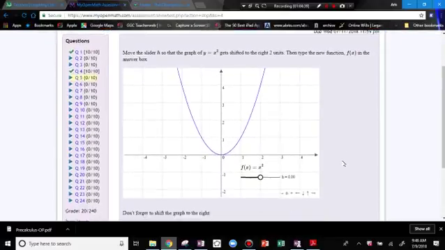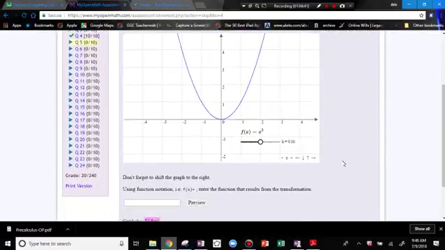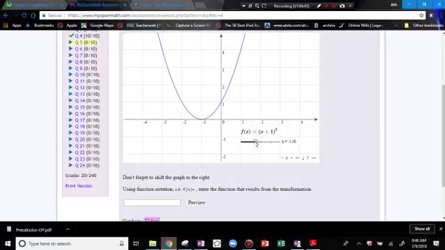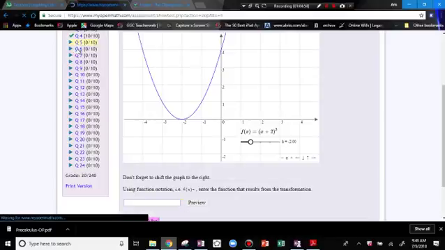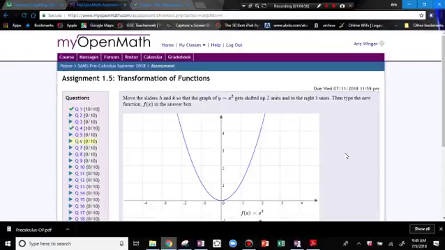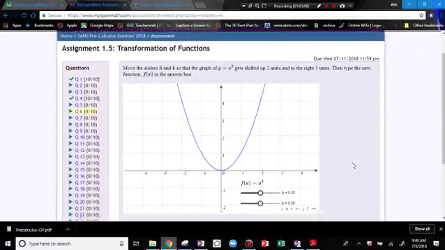Two units to the right. So it already fills it in for you. 2 units to the right, and you would just put that right here. Two units up, 3 units to the right.